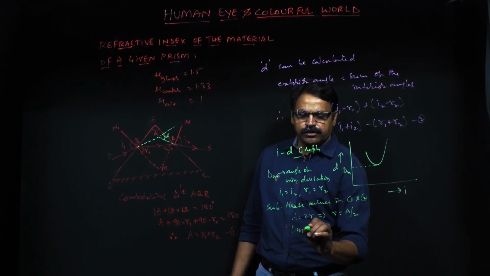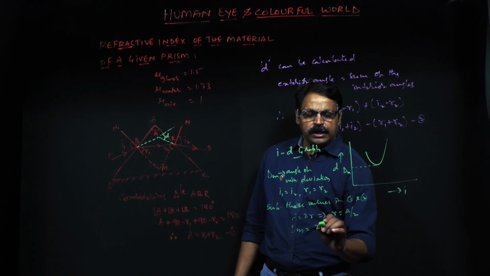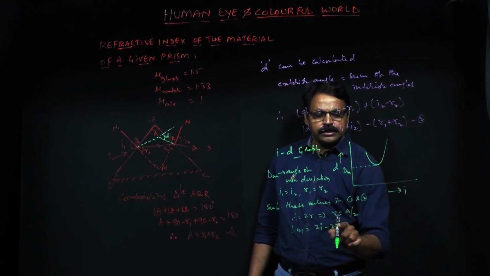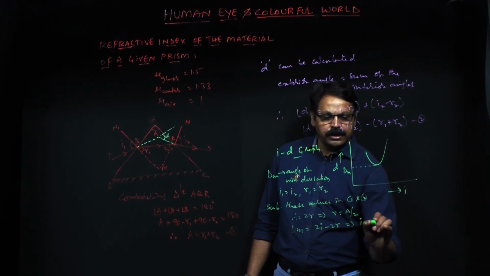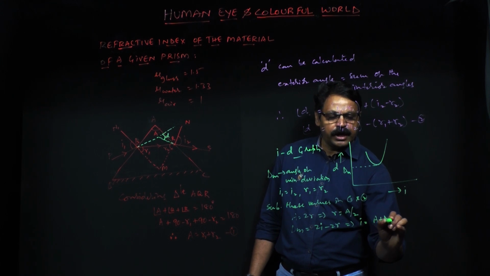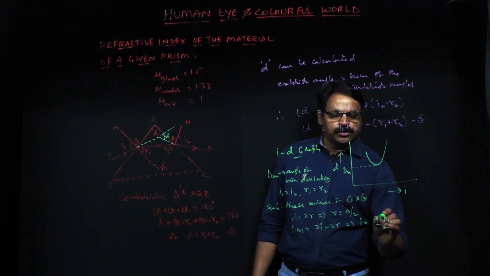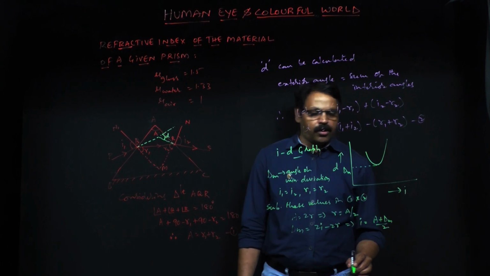Therefore, DM comes out to be 2I minus 2R, and 2R is nothing but A. Therefore, I comes out to be A plus DM by 2. So R value and I value we have got.